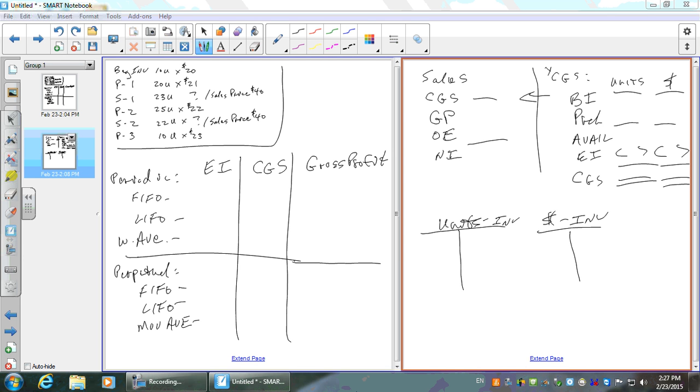And when you sell them, they go at average. You keep going. You got it. So you sell at that average. The sales price is $40, but the cost is at the average. The cost in perpetual moving is always the average. So the only time the average changes is when you buy. Does that make sense?